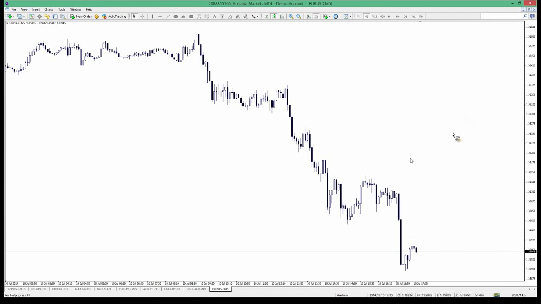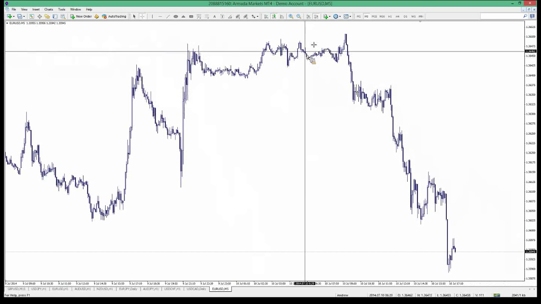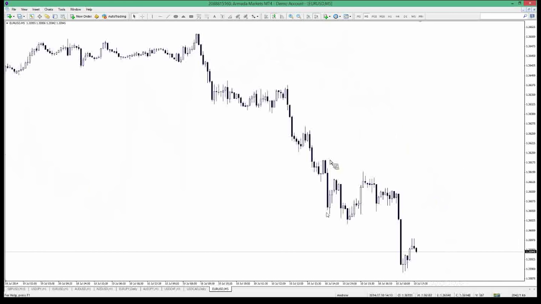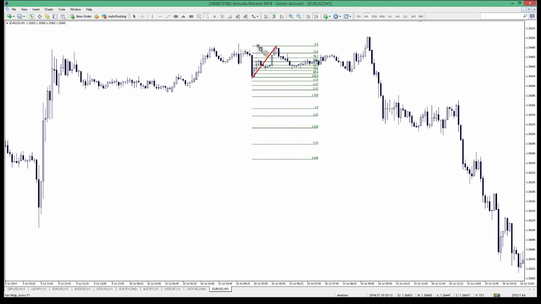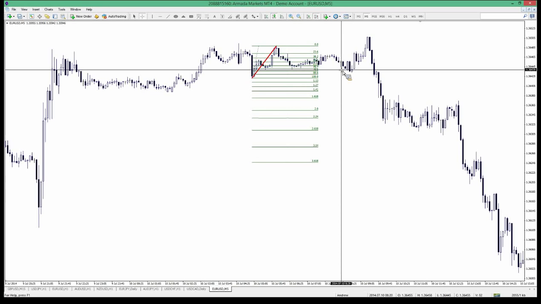Sometimes, obviously, the legs are not very clear cut. But let's just wing it here. Get this leg up here. So we've got this little swing here, perhaps. And then price pulls back. So if we measure this with a retracement from there up to there, it pulls back, comes down deeper.